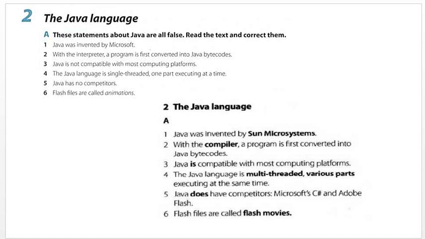No, the Java language is multi-threaded, not single; various parts are executed at the same time. Java has no competitors. No, Java does have competitors: Microsoft, C Sharp, and others like Flash. Flash files are called animation. Flash files are called Flash movies.